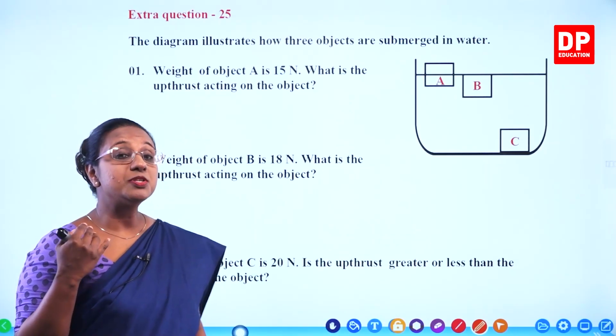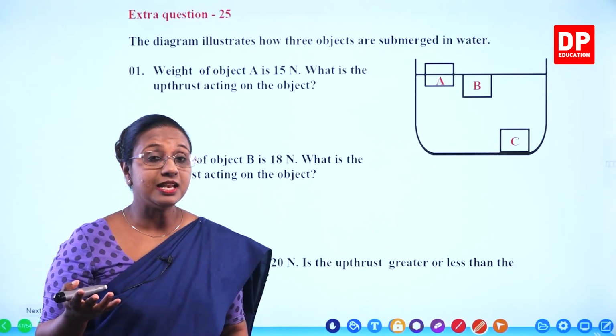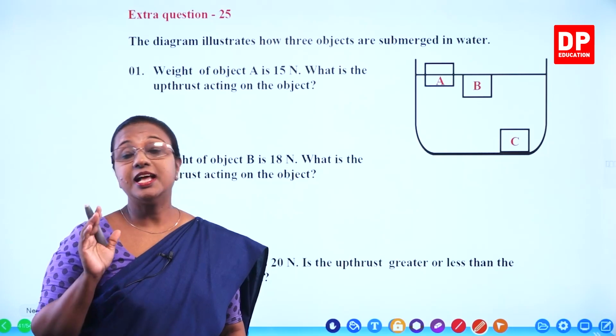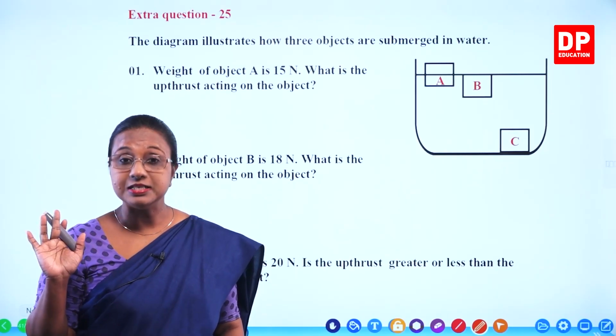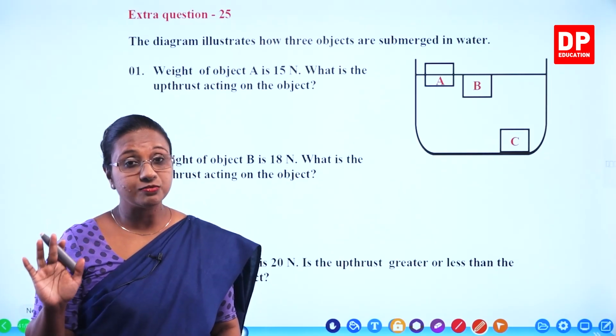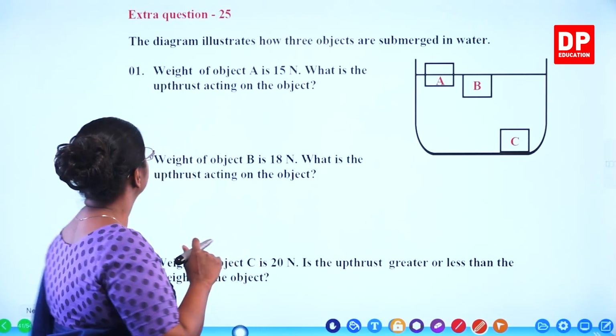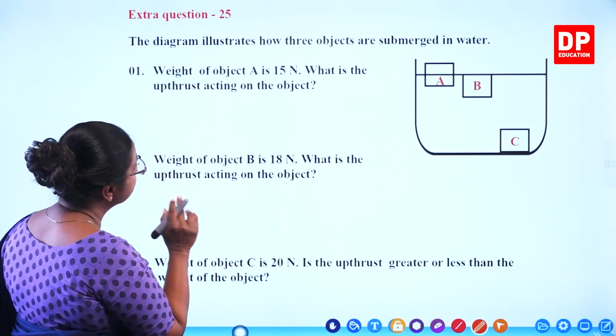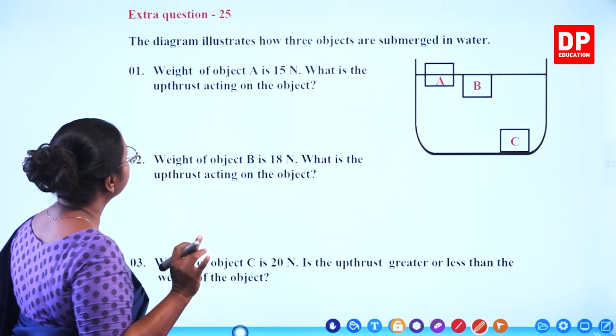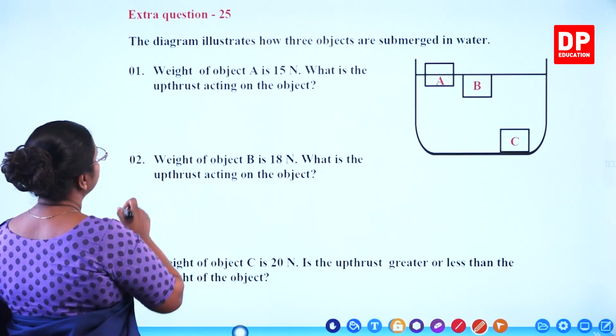You all can remember, students, we did this activity in the lab also for an object that is partially or fully submerged in a liquid, and if it is floating, the weight will be equal to the upthrust. So here weight of the object A is 15 Newton. What is the upthrust acting on the object? 15 Newton.